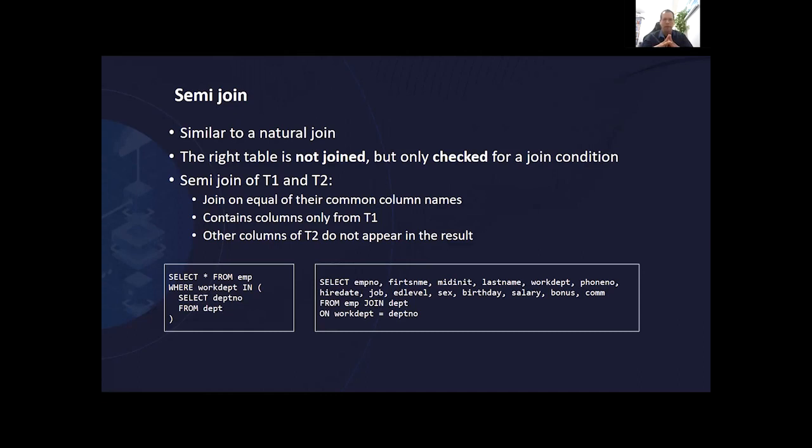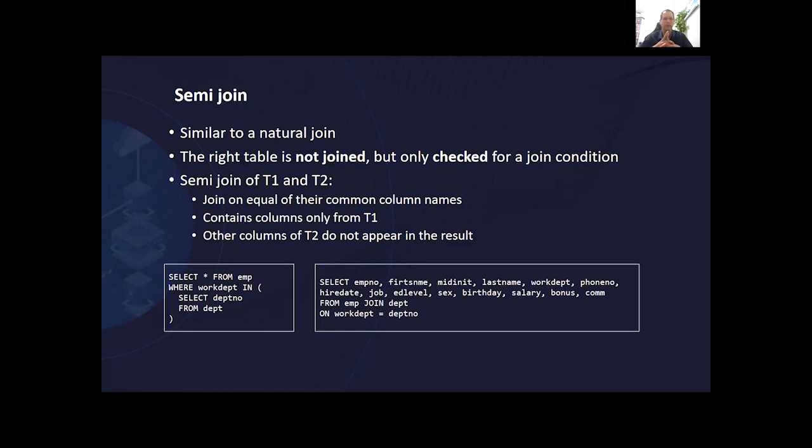Example, and again, an alternative technique. I want to see employees that work in a department, right? Because I might have some departments that don't have any employees. So how can I do it? On the left-hand side, I can use a subquery.